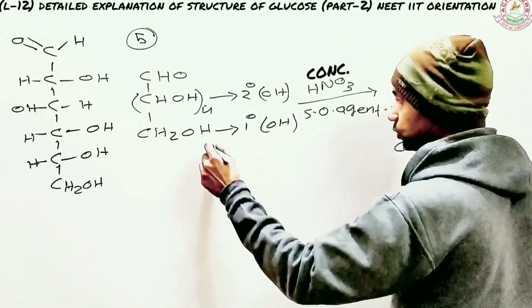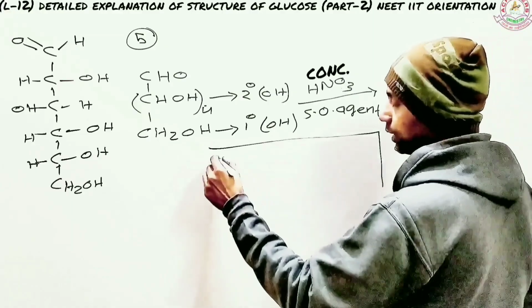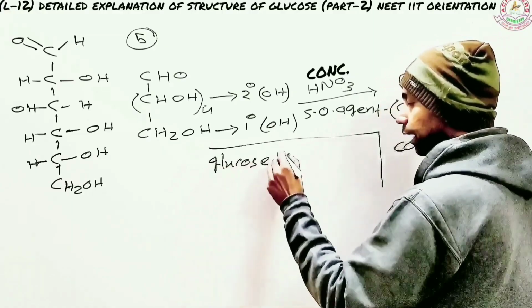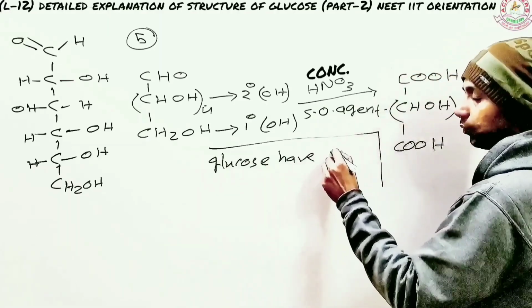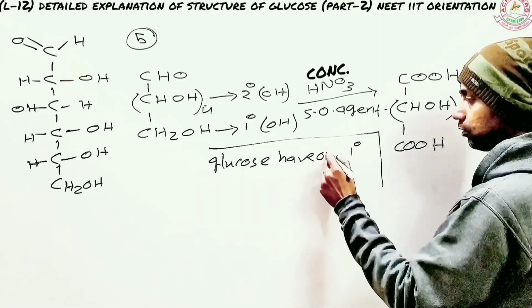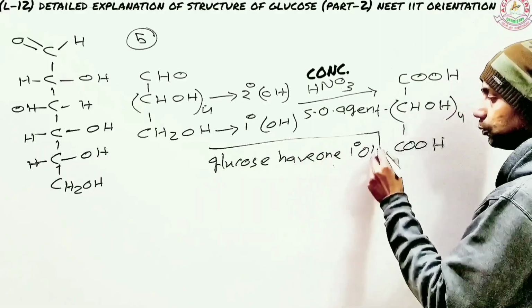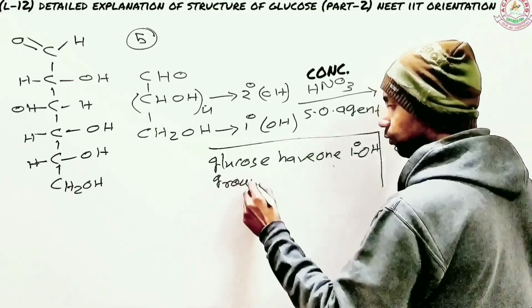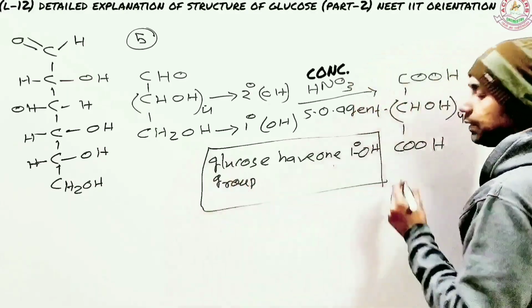So let me write here, this proves that glucose has 1 degree OH group. So this is the purpose of the reaction, right?